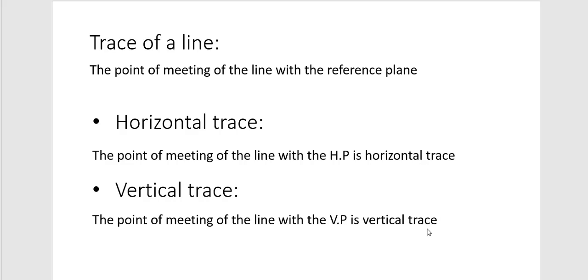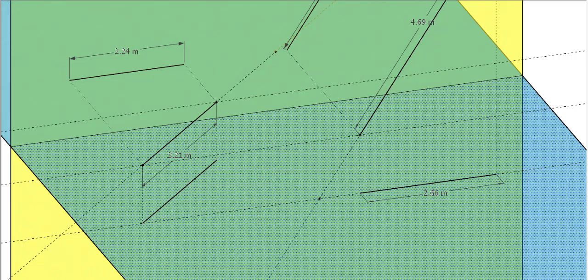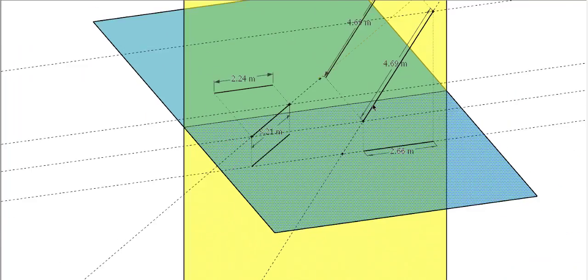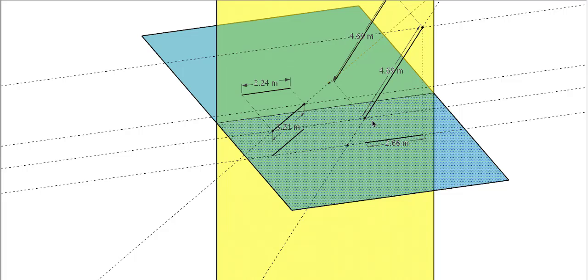Another thing to note is where you can see that particular trace in the corresponding opposite view. Let me show that in SketchUp again. We have this line, which is inclined to the horizontal plane and is extended, and it met the horizontal plane at this particular point, which is known as the horizontal trace.